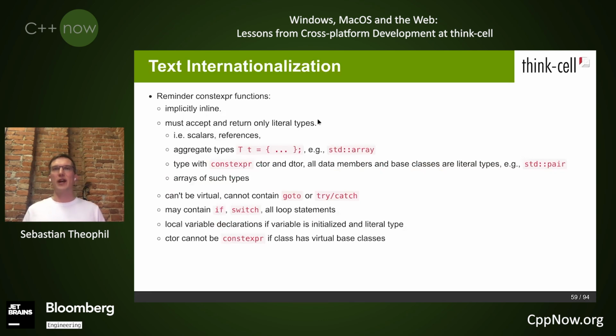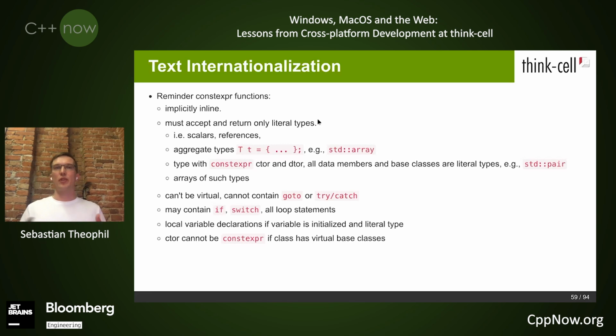So just a short reminder of what const_expr functions can do, because they are very powerful now. One big limitation is that they must accept and return only literal types. And literal types are scalars and references, aggregate types that you can initialize with brace initialization, for example, an array.